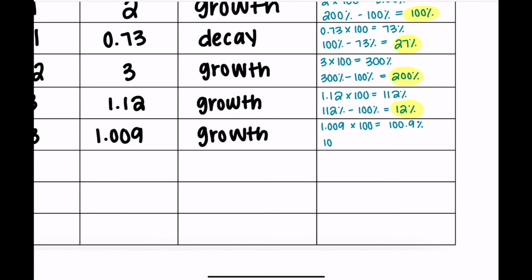So we can still find our growth rate by doing 100.9% minus 100%. And 100.9 minus 100 just leaves us with 0.9%. And that is our growth rate. So this one was a little different because it has a percentage that is a decimal, but that is okay. That happens sometimes. Means it's not growing by 1 whole percent.